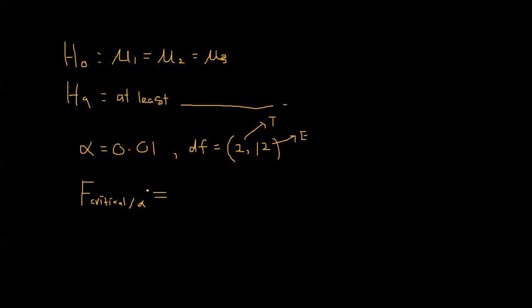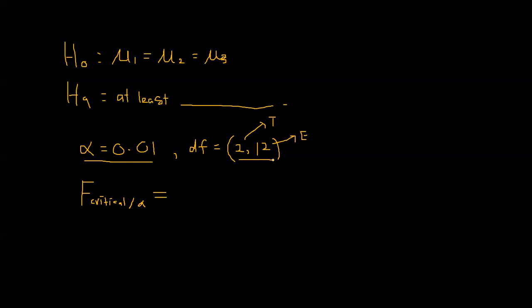Now you have the value of alpha 0.01, the degree of freedom for treatment is 2 and the degree of freedom for error is 12. So you can refer to the F distribution table.